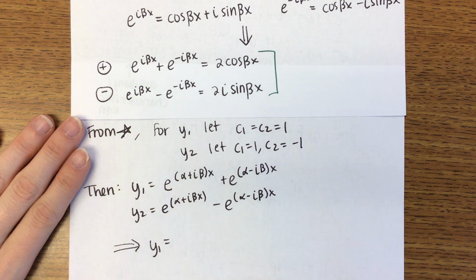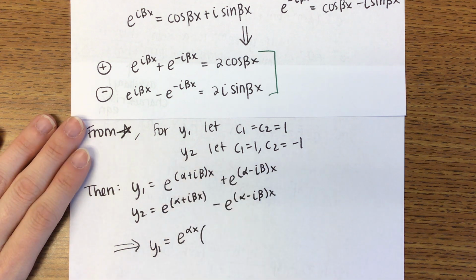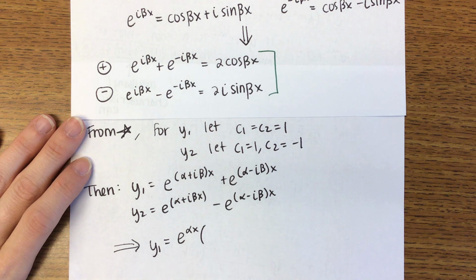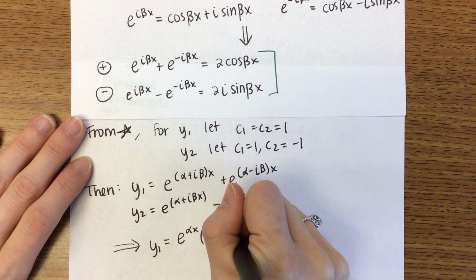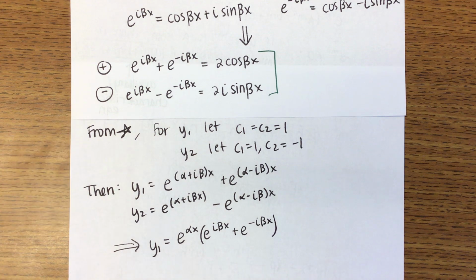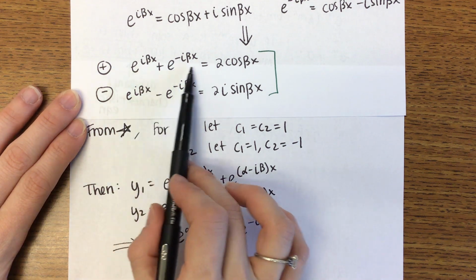For y1, I'm going to factor out that e to the alpha x. When I do, I get e to the i beta x plus e to the negative i beta x. This is up here.